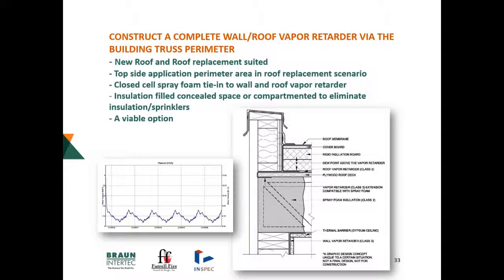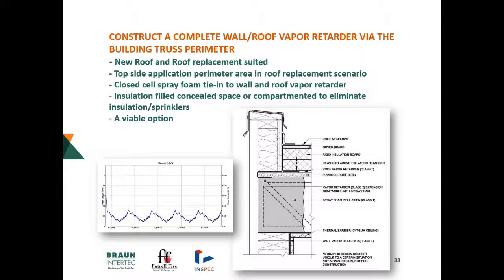Now the concern and the challenge is trying to bridge those two together in our construction detailing. Conceptually, that's the sketch on the right. We'll talk a little bit more about how we've done that on a couple of projects to come. And then, of course, the WUFI model does show again that the plywood is in good shape as we model that condition.